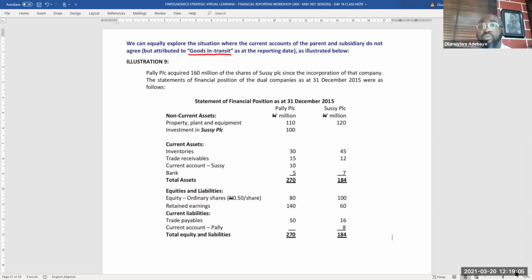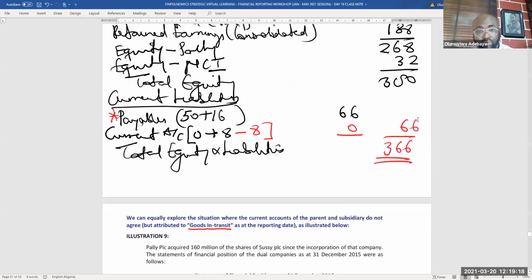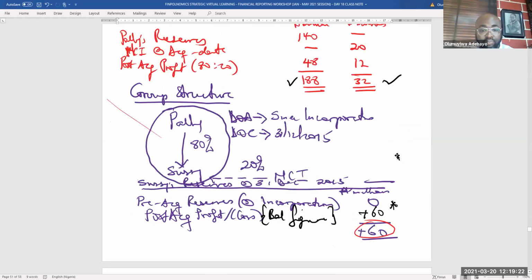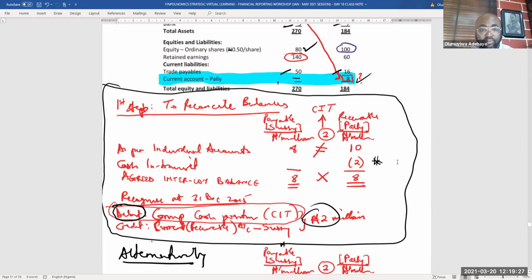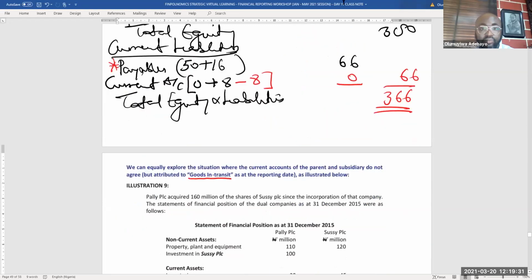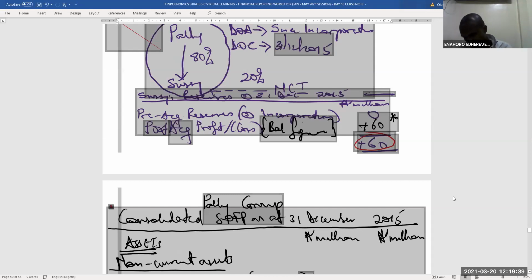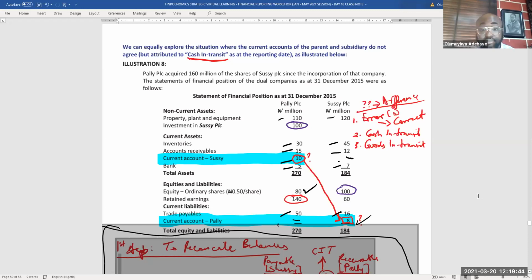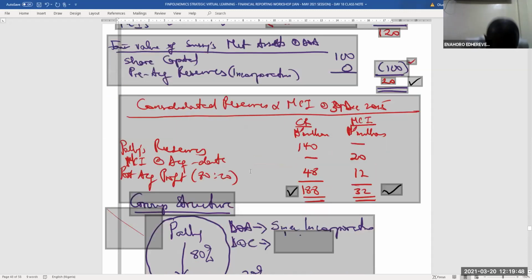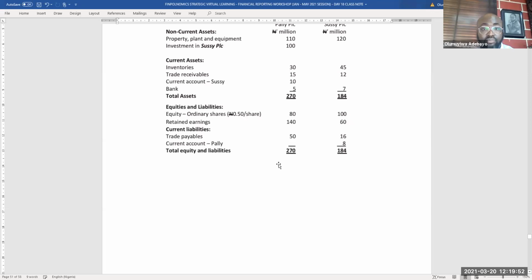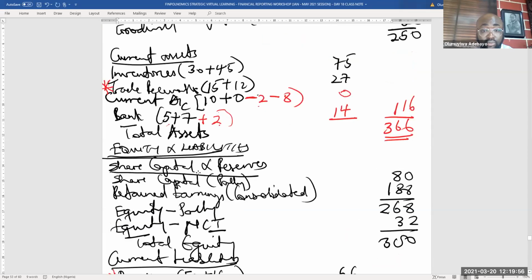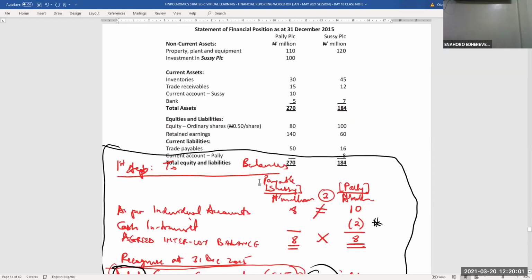Goods in transit. Now I'll copy out the solution and I'll show you where the difference lies.